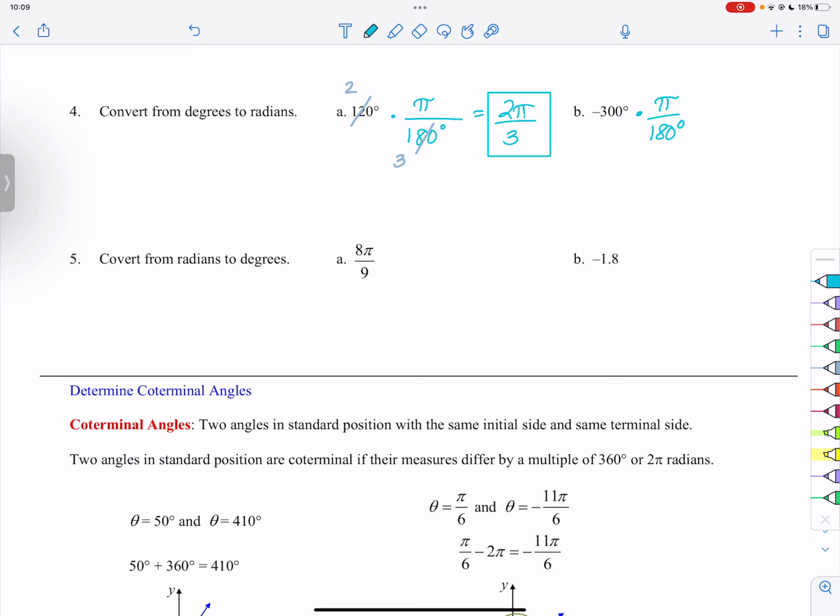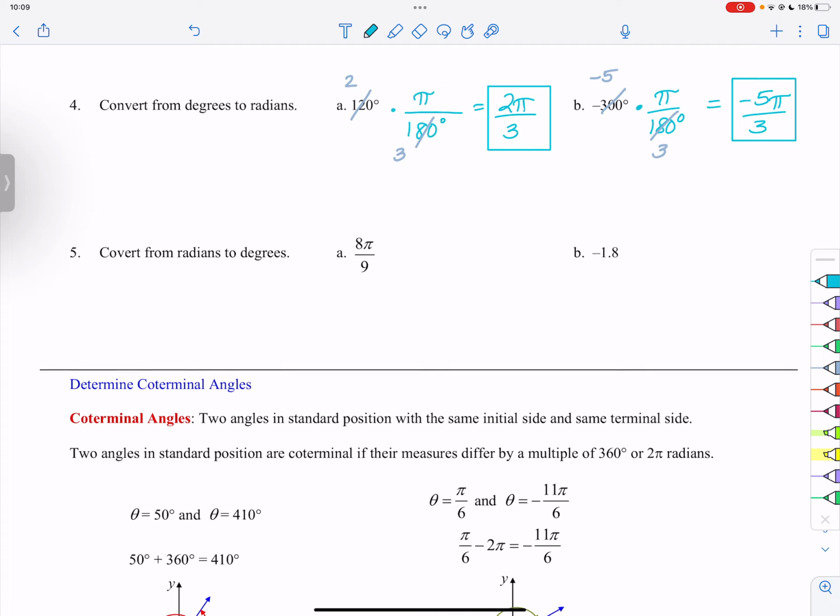So now when we divide negative 300 by 180, you can try that in your calculator, you will be left with a negative 5/3. And so now we have negative 5 pi/3 radians.